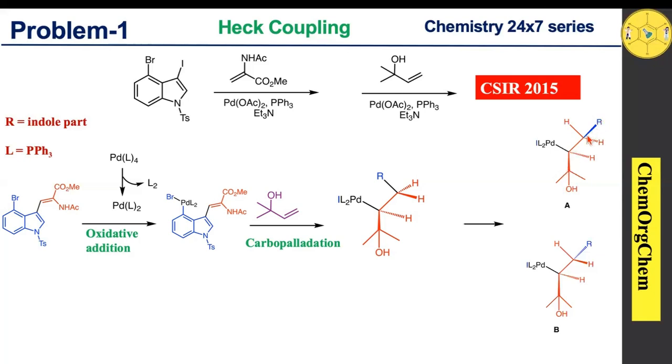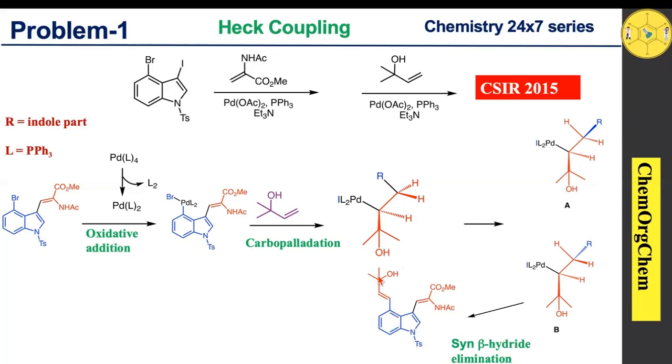So definitely there will be a heavy steric clash between the indole and this group. In the case of conformational form B, there will be only a little steric clash between the indole part and this group. Therefore, this particular conformational form B readily undergoes syn beta hydride elimination to produce the corresponding alkene product.